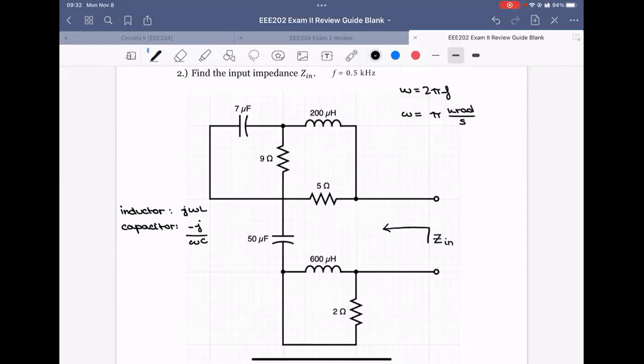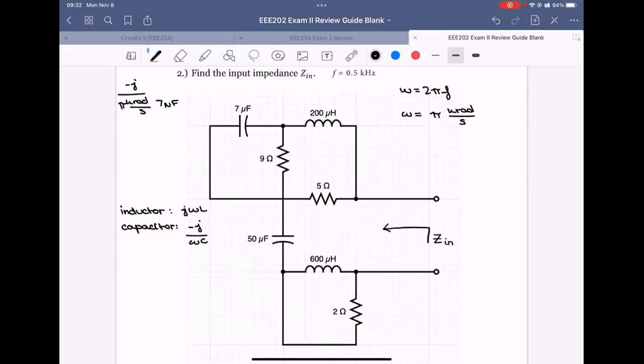Here we could just convert them. We have 7 microfarads at the top, so we'd have negative j over omega times 7 microfarads. Omega is pi kiloradians per second.